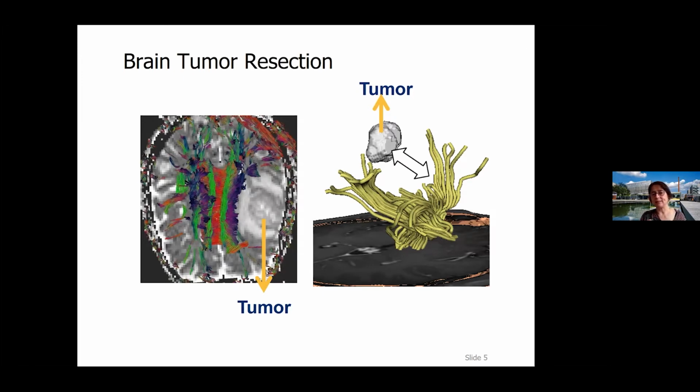They are interested in removing the tumor without damaging the main white matter structures. For example, if you damage the motor structure, then the person is paralyzed. So this is a very important part of our brain, together with the function.